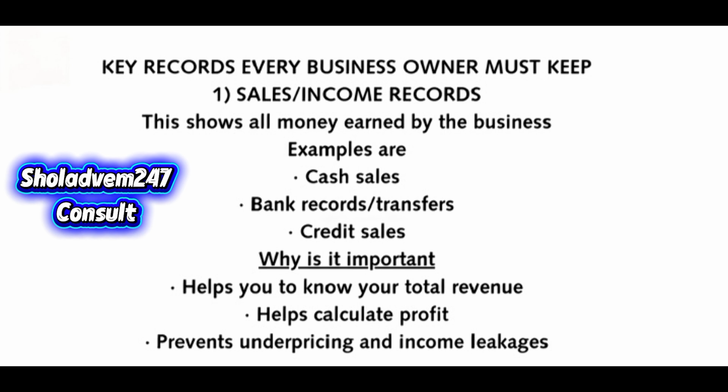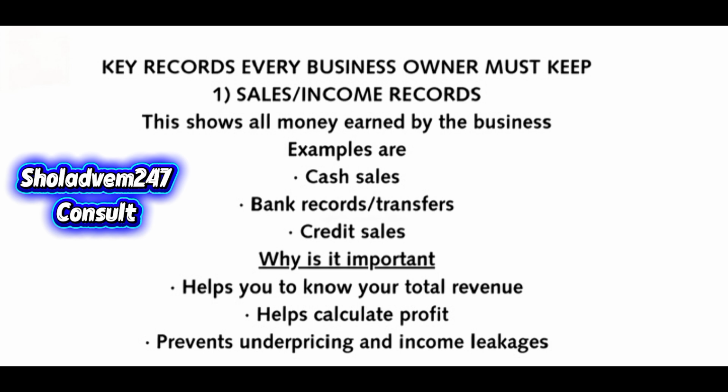These are sales records. Why is it important? It is important to take note of sales records because it helps you to know your total revenue, helps calculate profit, and prevents underpricing and income leakage.